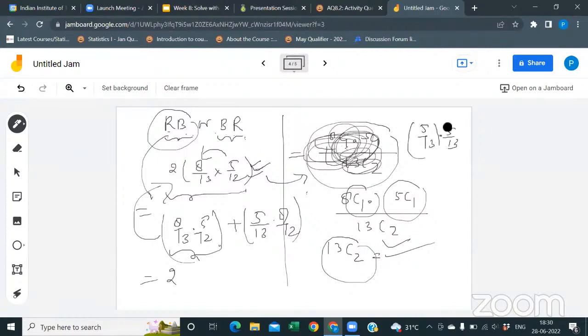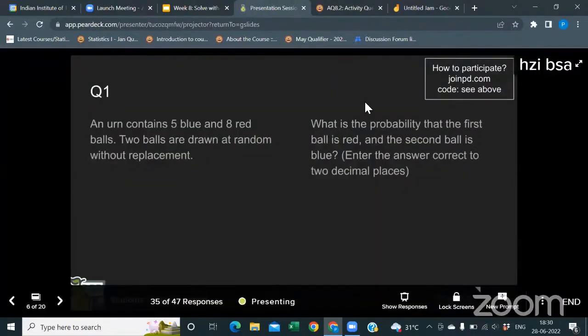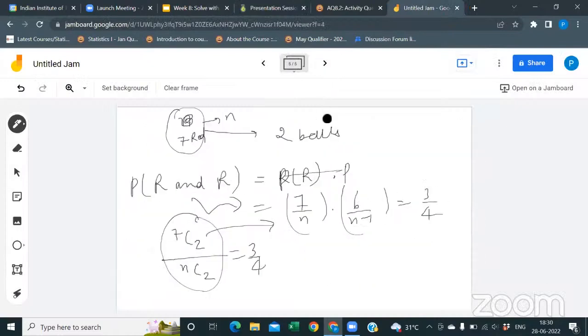So in the activity question that you discussed, we are taking 7C2. Sir, can't we take 7C1 into 6C1 in this question? Like first we are taking one ball out of 7, then one red ball out of 6 red balls.